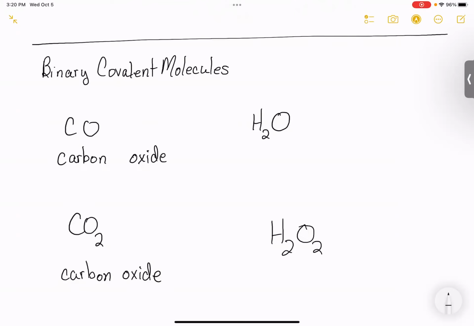Sodium chloride, magnesium bromide. Because they share electrons, I cannot treat them the exact same way I treated ionic compounds. Because there are multiple options for the same elements to combine.